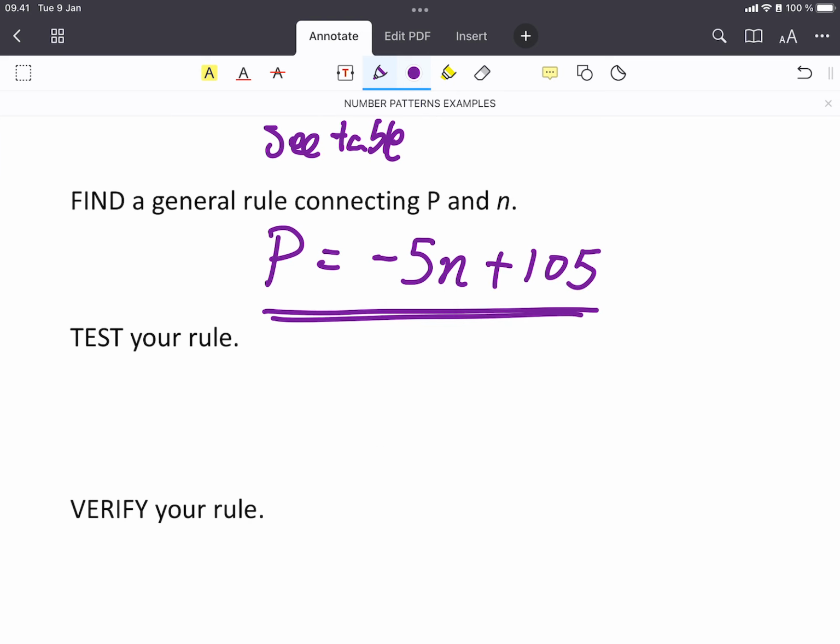Okay, so test and verify your rule is again the same thing. So when n equals, let's do it for 3 and 4.